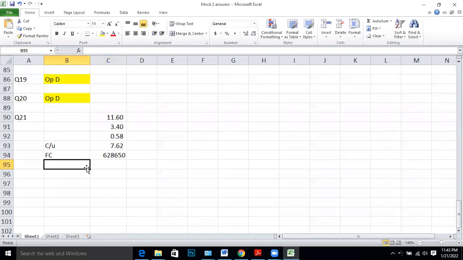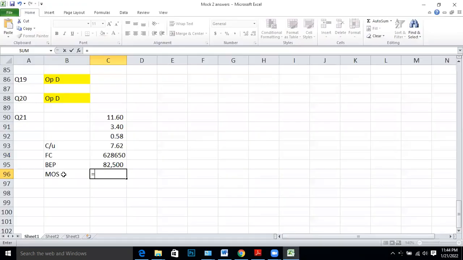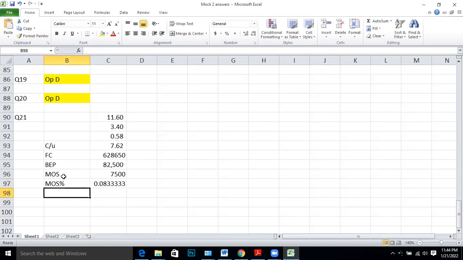Let's find break-even point. That must be fixed cost divided by contribution per unit. 82,500. So margin of safety must be budgeted sales 90,000 minus 82,500. Margin of safety percentage will be this 7,500 as a percentage of total production 90,000.